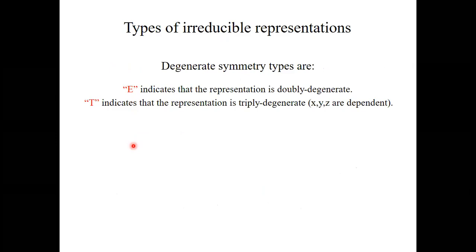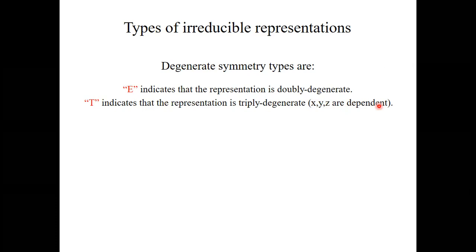Now, in addition to a double degeneracy, which is indicated by a simple E in the character table, you can also have a triple degeneracy indicated by a simple T. And that would mean that all three coordinates in space, X, Y, and Z, are dependent on each other.